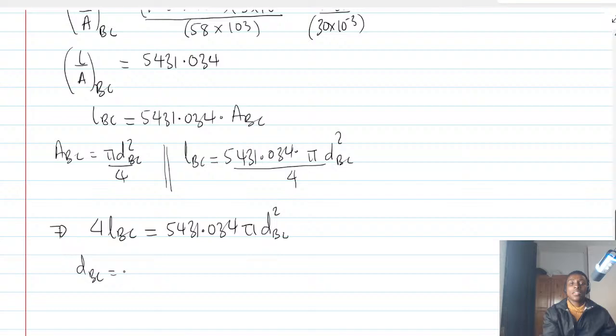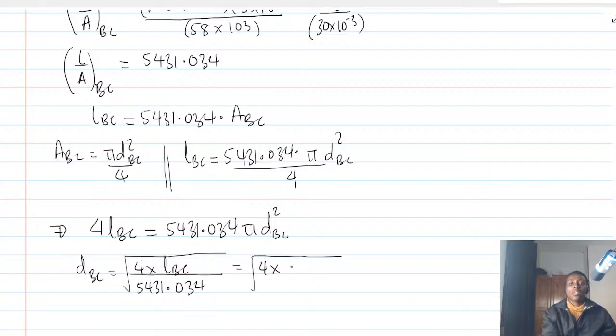Therefore, dBC is going to be the square root of 4 times LBC, all divided by 5431.034 pi. That's 4 times 0.8 divided by 5431.034 pi, and that is the diameter of BC. I hope the concept is clear.